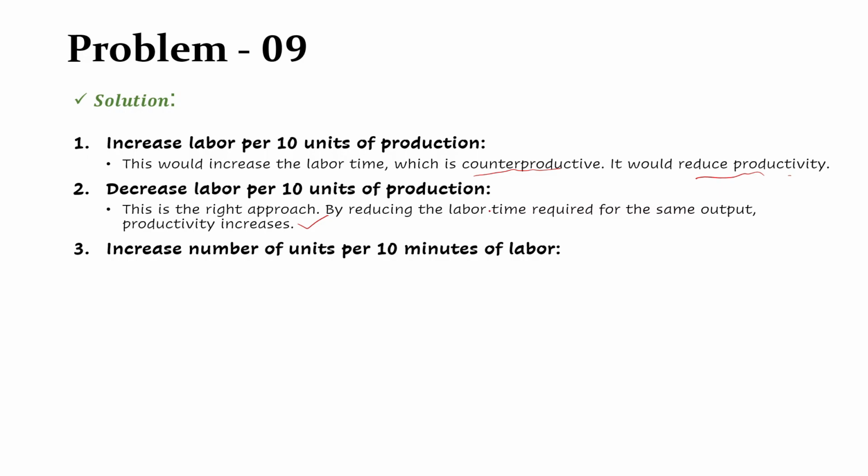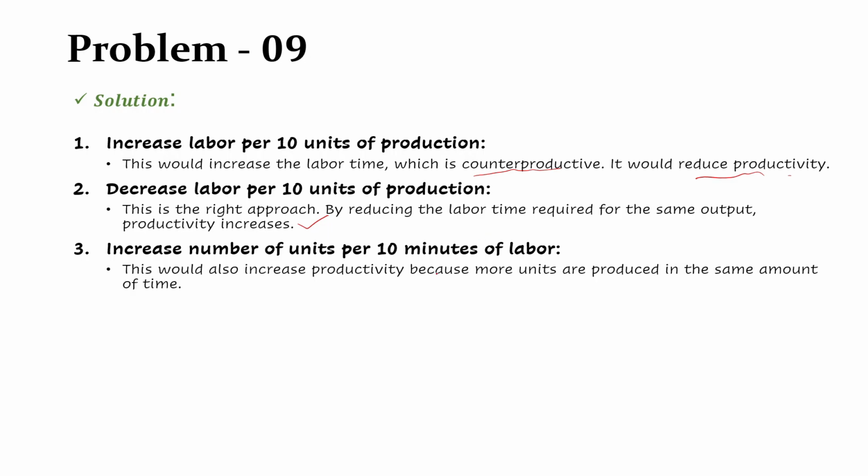The third one is we increase the number of units per 10 minutes of labor. So for every 10 minutes of labor input, we increase the number of units. That means we are producing more units and we are increasing our productivity.